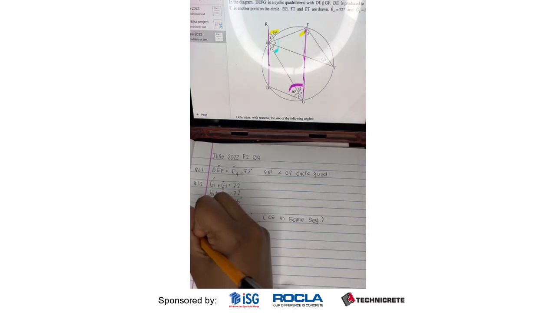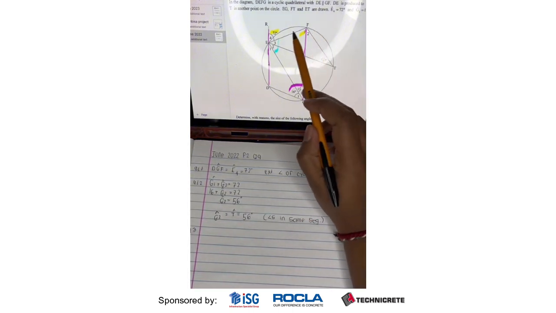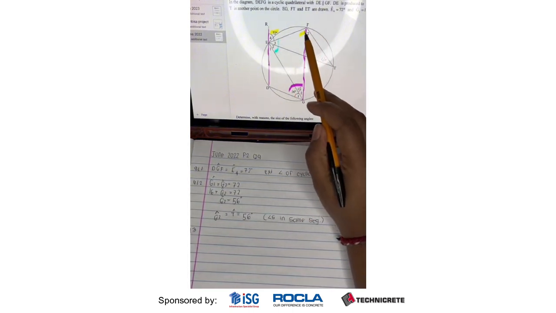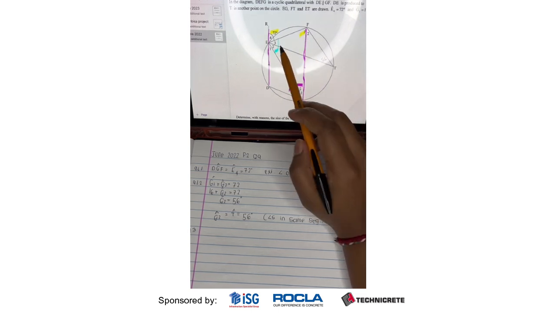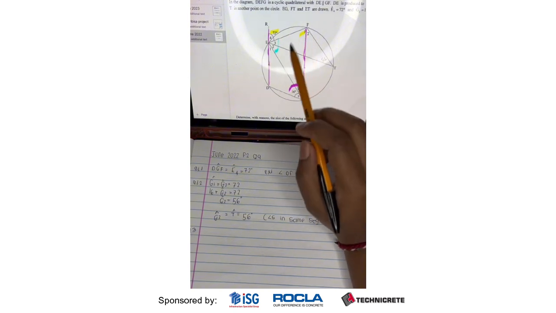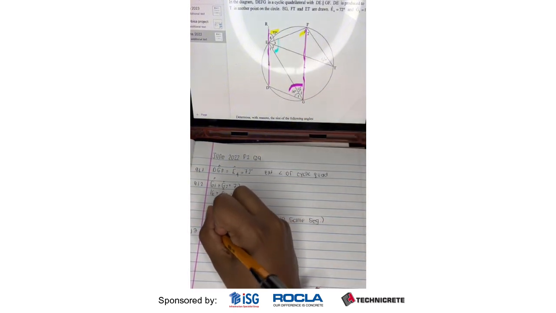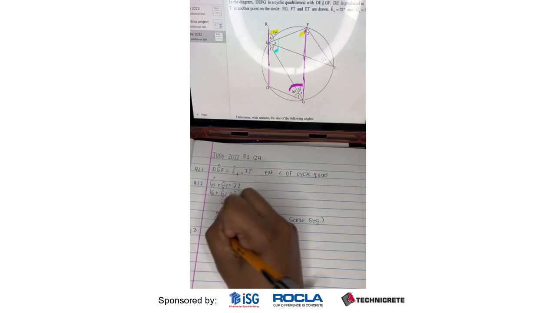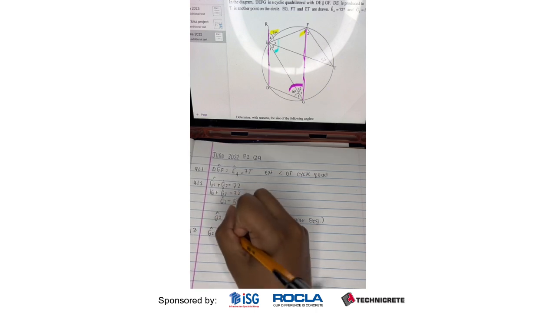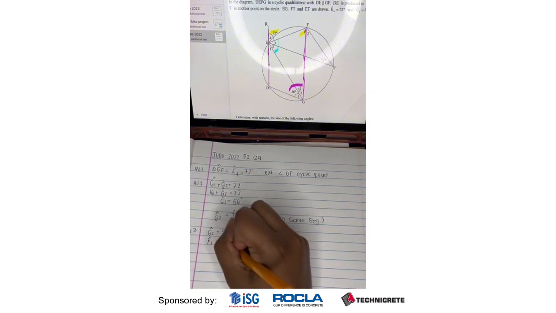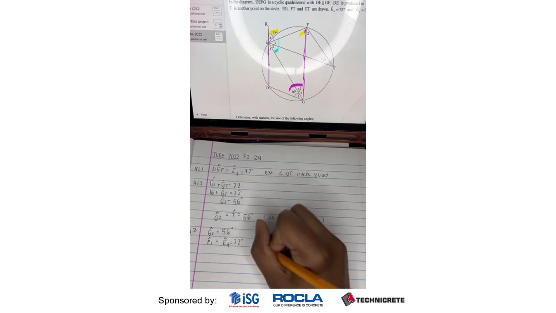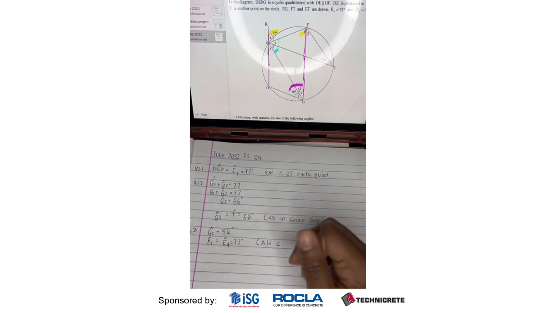So let's pinpoint it again. We're looking at triangle EFG. We said F1 is 72 by alternating angles, and we calculated G2 to be 56, and then we're going to find the angle GEF from sum of angles of a triangle. So let's start with what we know already. G2 is 56. We said F1 is equal to E4, which is 72, and my reason is alternating angles, because DE is parallel to GF.